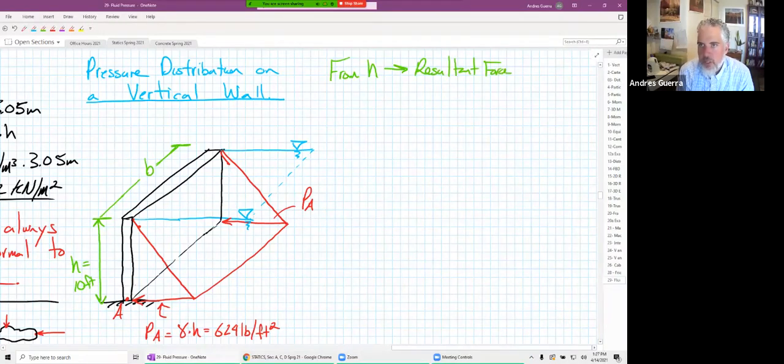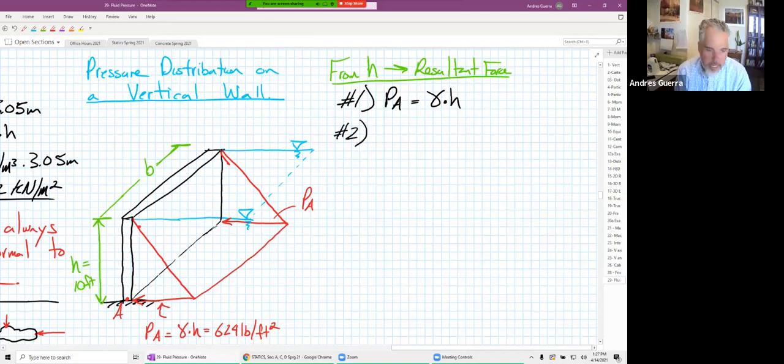Well, there are 3 steps that we can do to do this. Number one, we're going to calculate the P at A, and that's equal to gamma times H. The second thing that we're going to do is find a distributed load from that pressure distribution.